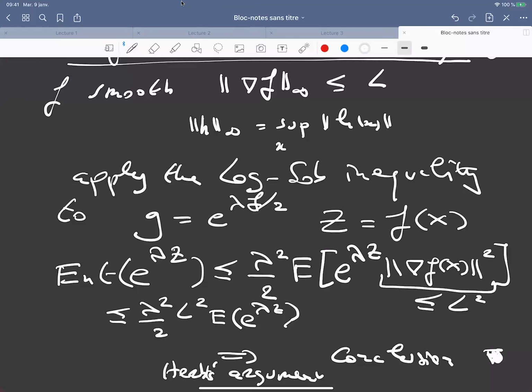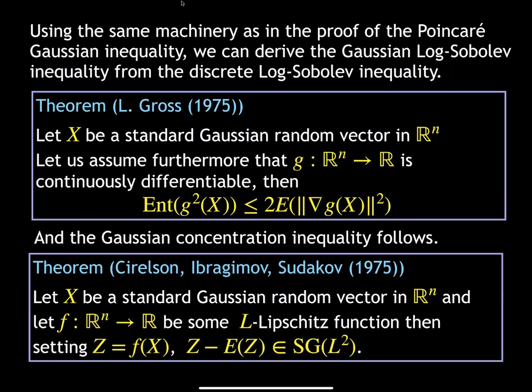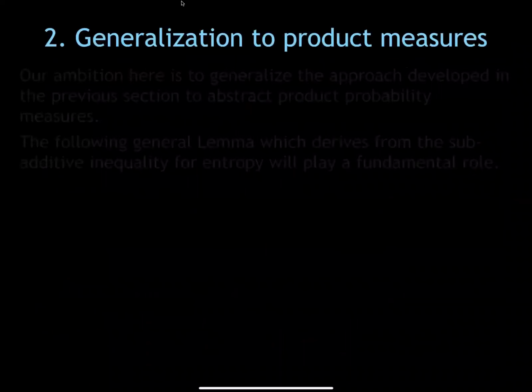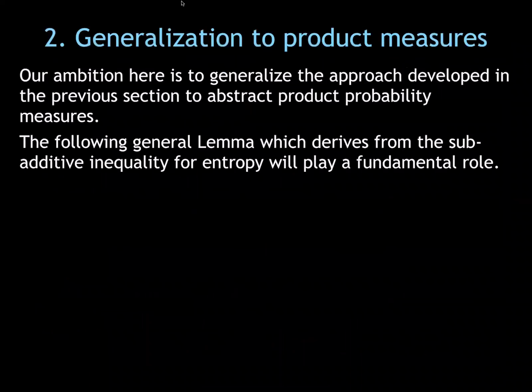So let's go back to the presentation. And this is maybe a right moment to make some coffee break, I think, because now our goal is to generalize what we have seen in the discrete case and in the Gaussian case to abstract product measures, that is, for random variables which are independent, but with a distribution which is what it is.